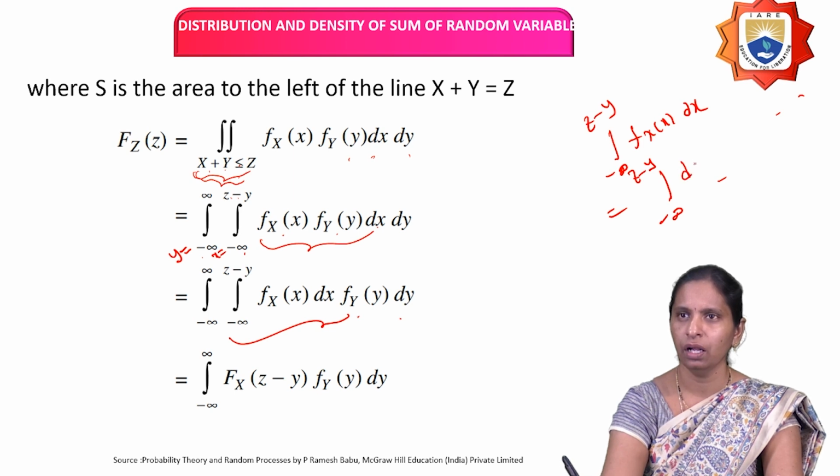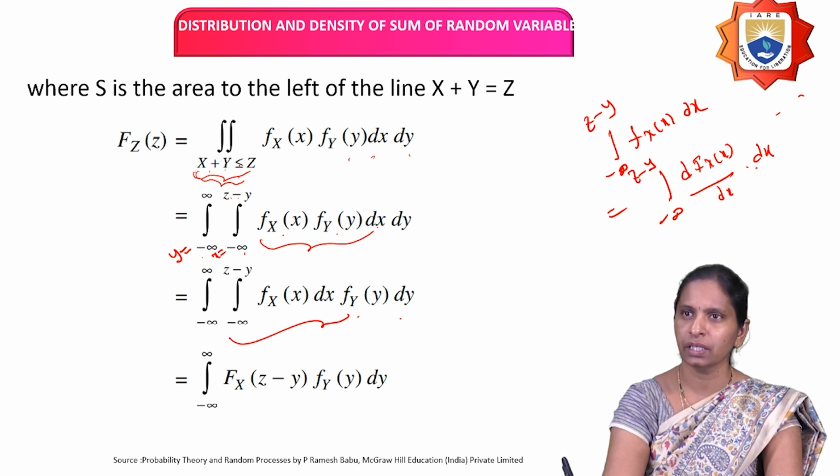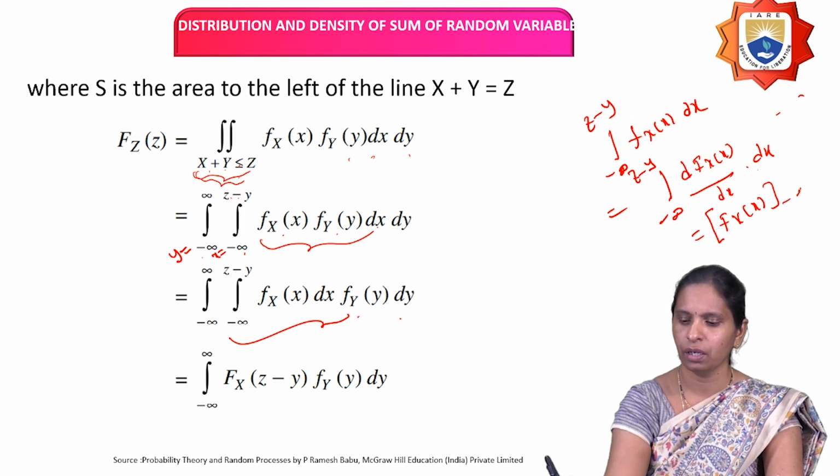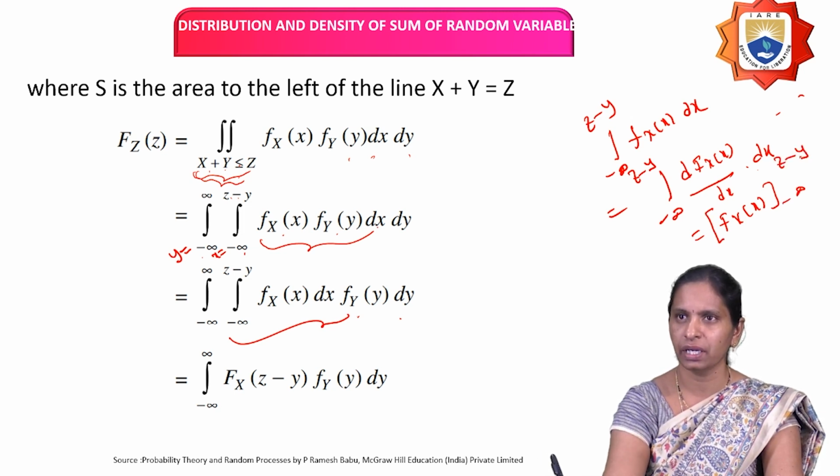It is nothing but the differentiation of the distribution function of the random variable x. Since the differentiation is with respect to x as well as the integration is also with respect to x, both get cancelled. Then you obtain Fx of x, and the limits of x are from minus infinity to z minus y.